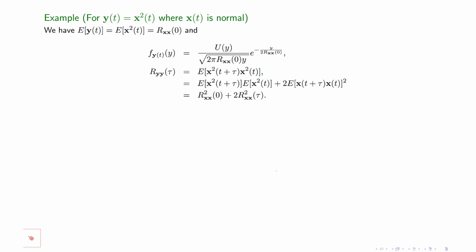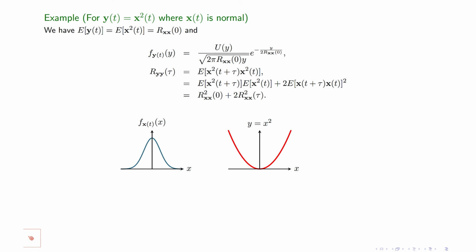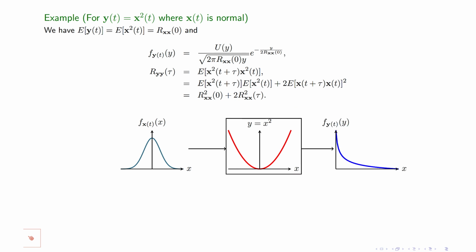So we can fully characterize different moments of the correlation of the output or even the cross correlation between input and output. So the distribution of the input is Gaussian for this case. Then you have a square law detector. So this is the input to this system, and the output will have a gamma distribution with parameter alpha equal to 1/2, which is this one.